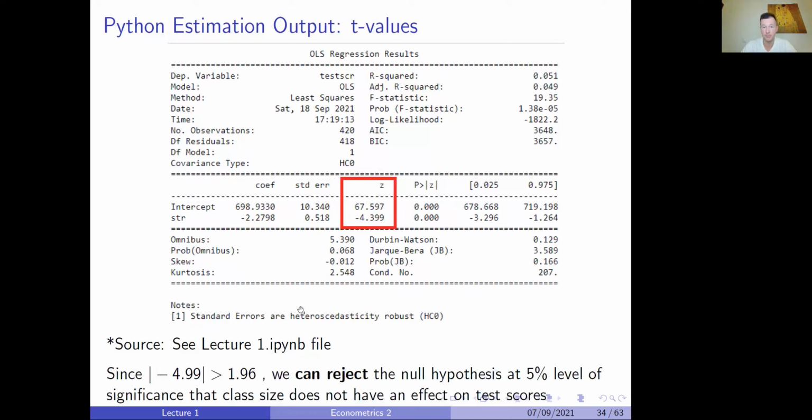In our case, we have -4, there is a typo, -4.399, and its absolute value exceeds 1.96, and this means that we can reject the null hypothesis that beta 1 is 0 at 5% level of significance, that the class size doesn't have an effect on test score. So we're definitely sure that the class size has a negative effect on the test score based on this hypothesis test.